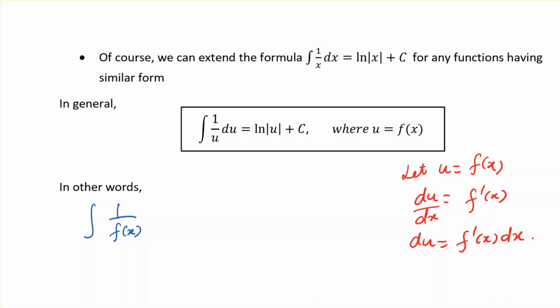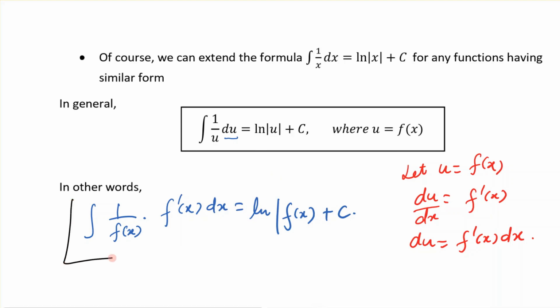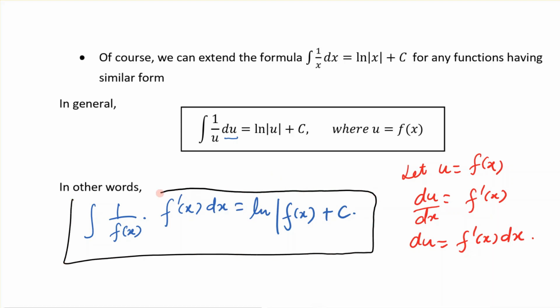So the differential of u is replaced by f prime x dx, and in place of u we have ln of f(x) plus c. This is the more generalized version of the formula that we're going to use in our questions. This is the shortcut method.